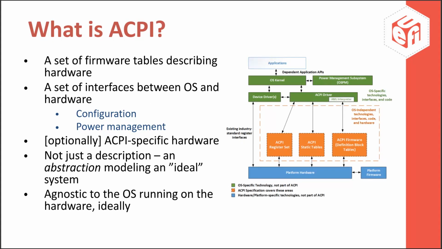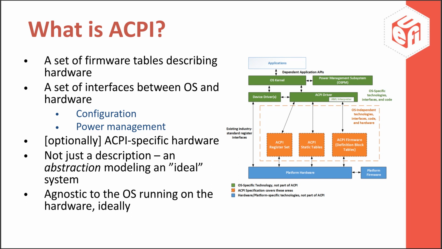So what is ACPI? It's a set of firmware tables that are used to describe the hardware to an operating system. And it's a set of interfaces between the OS and the hardware to describe configurations such as how to locate certain devices, what memory ranges and interrupts they use, and also for power management. So how to enter low power states, how to enable devices, disable devices.